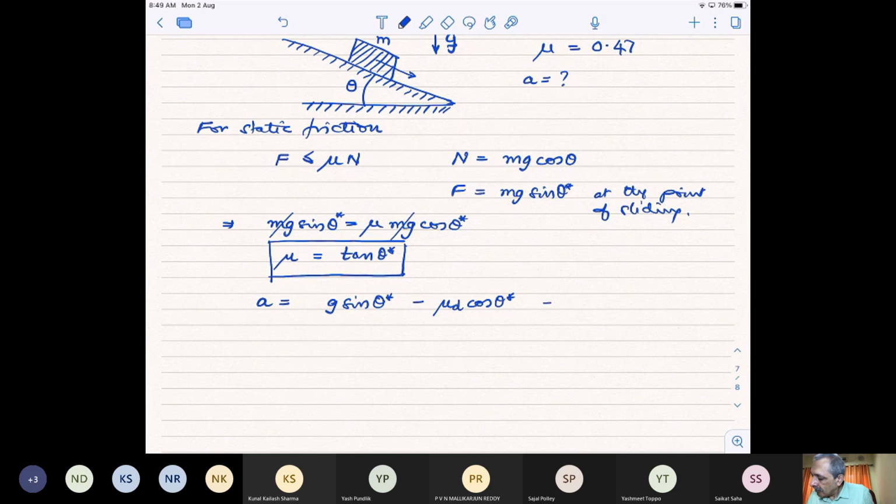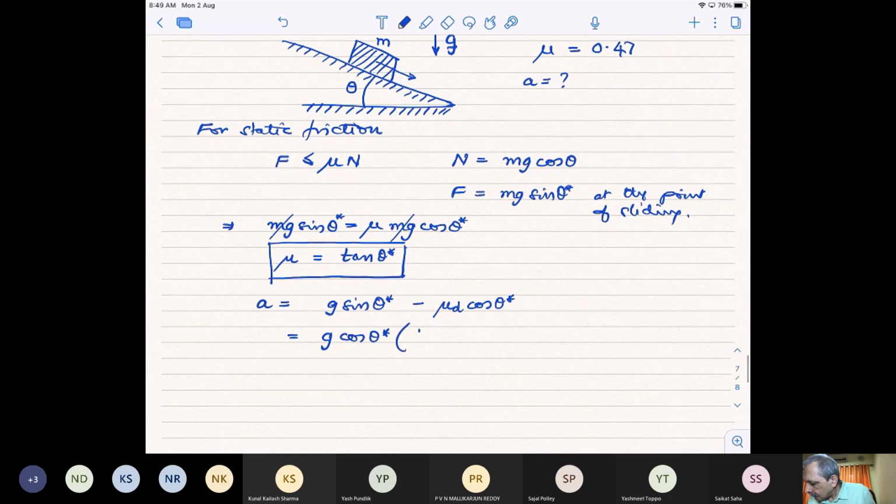So if I want to write this down, this can easily be written as g cos theta star is equal to just tan theta star minus mu d, which is equal to g cos theta star into mu minus mu d.